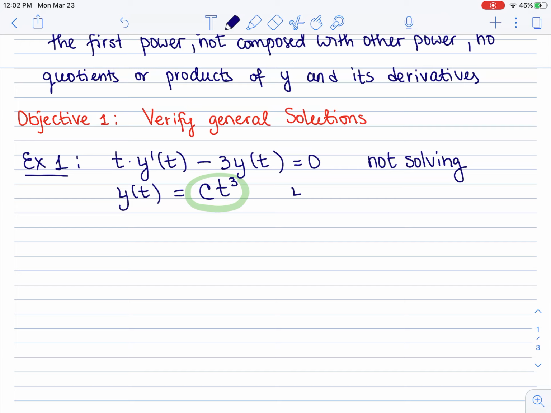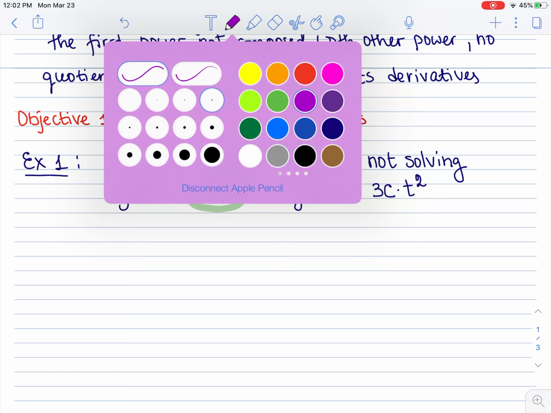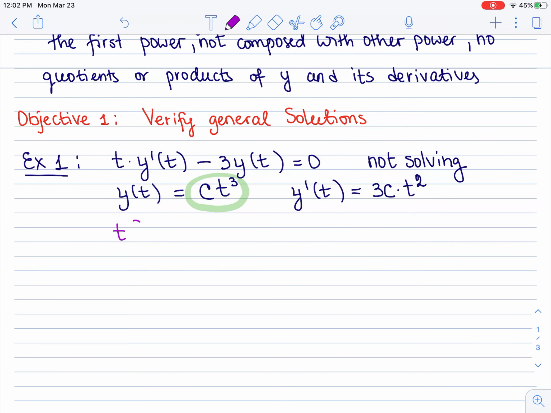So what is y prime of t? Y prime of t is 3c times t to the second power. Now here's my verification. If I do t times 3ct squared minus 3 times y, which is ct cubed, is that equal to 0?